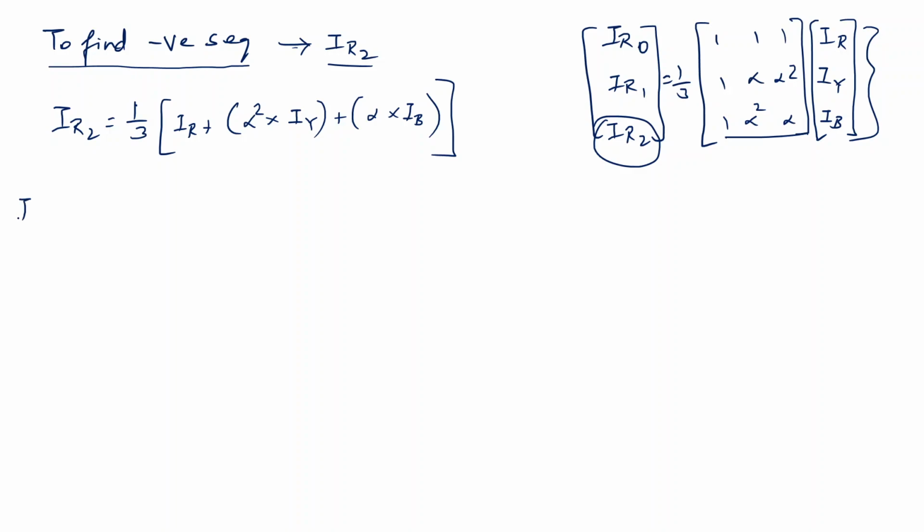Alpha square. IR2 is equal to 1 divided by 3. What is IR value, man? This is for case 1. This is also for case 1 only. So case 1, what is IR value? Please tell me someone. Yeah, please fast. What is IR value?